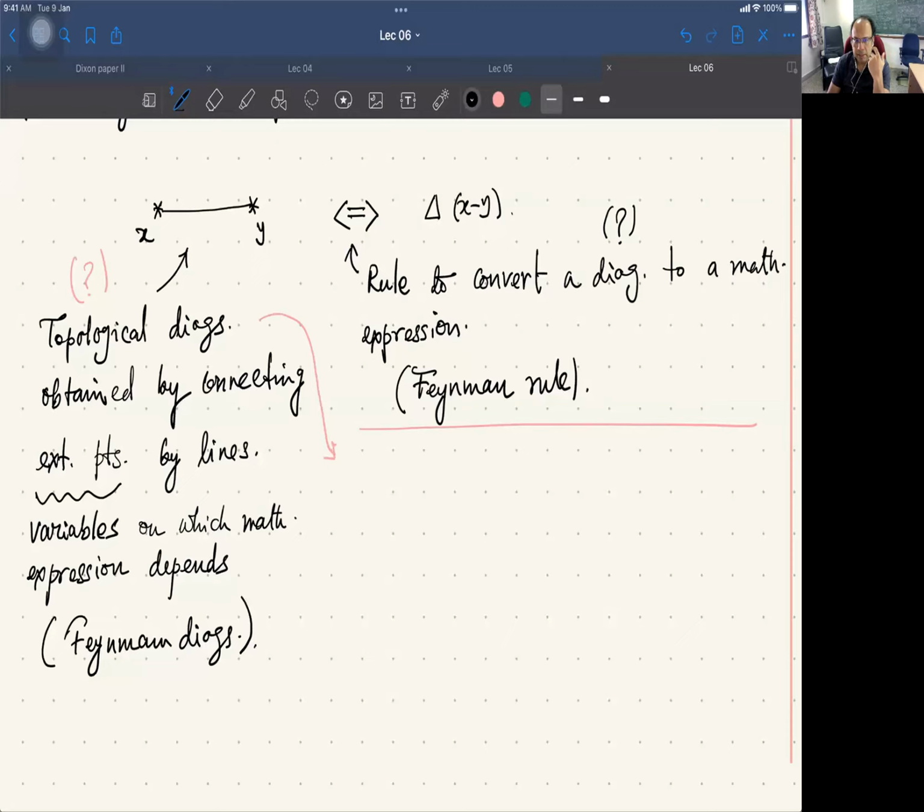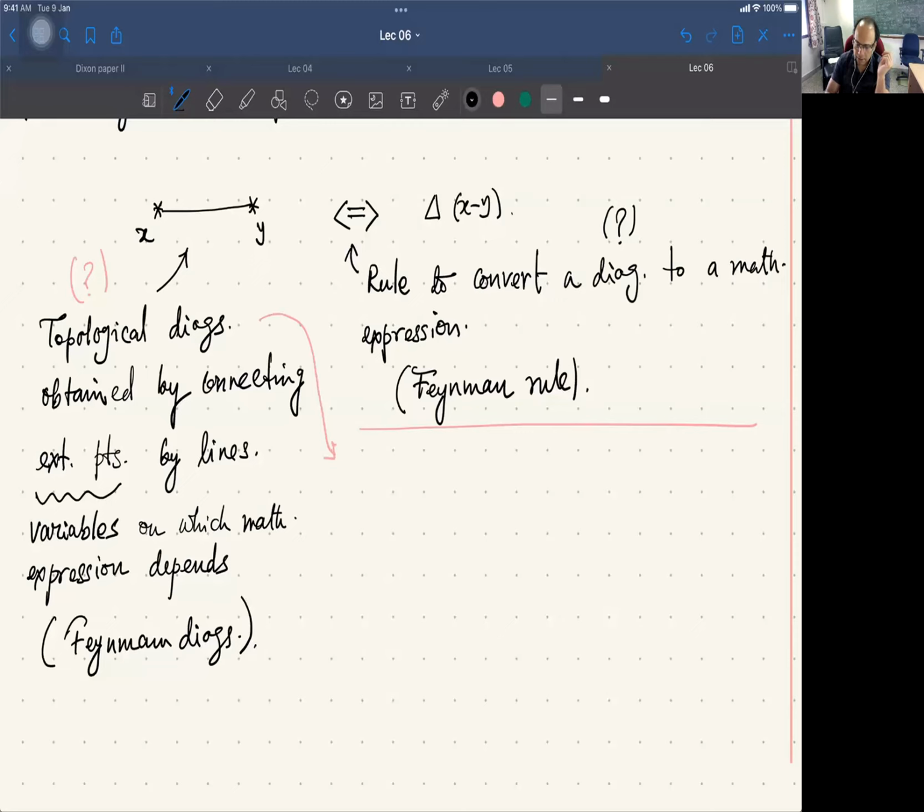What it means is that if you take two diagrams which have the same set of external points, but one can be deformed to the other, then they are counted as the same diagram. So that is a topological equivalence.